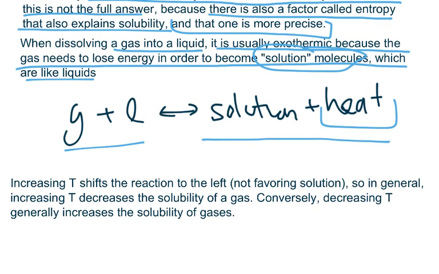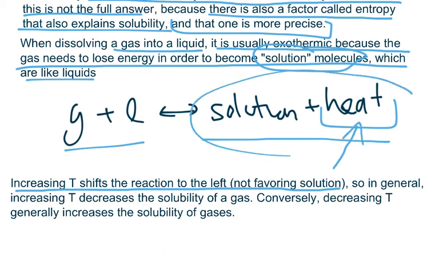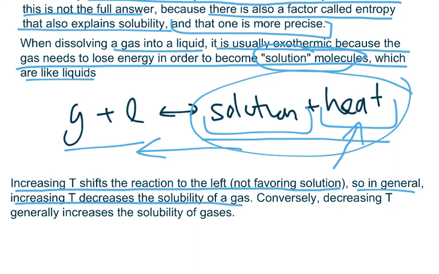Because of this, increasing temperature shifts the reaction to the left, which does not favor the solution, because if you increase temperature, there's too much heat on the right side, so it wants to go to the left, which is bad because that's not where the solution is. So in general, increasing T decreases the solubility of a gas. Conversely, decreasing T generally increases the solubility of gases.